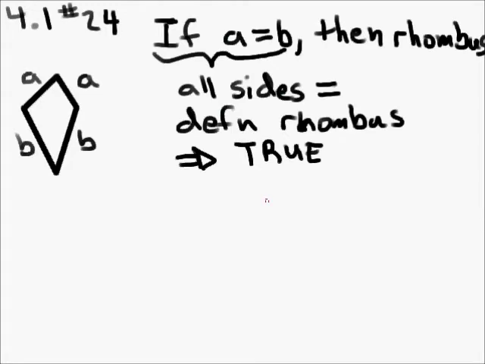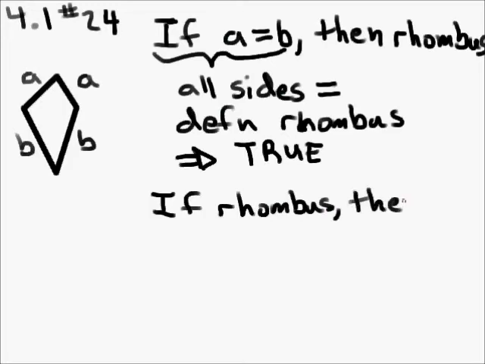Next, we need to take a look at the converse and decide if the converse is true or false. The converse would be if it's a rhombus, then A is equal to B. This side right here is the same length as that side.